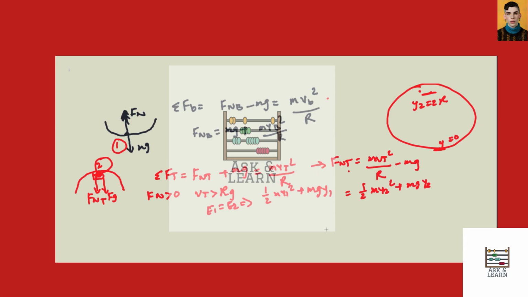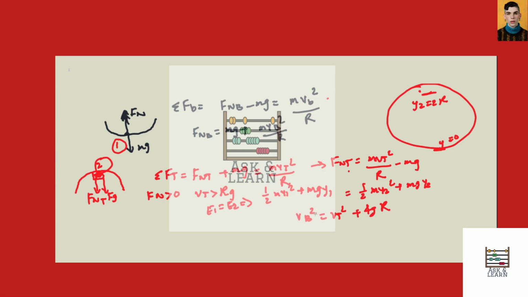If you plug in the values, y1 equals 0 and y2 equals 2r, you will get v bottom squared equals v top squared plus 4gr. That is the relationship between the speeds at the two locations.